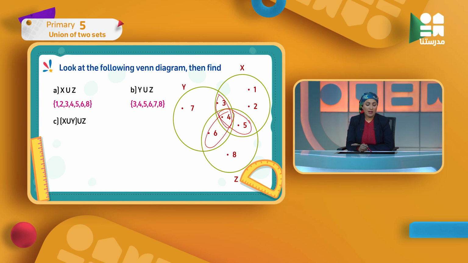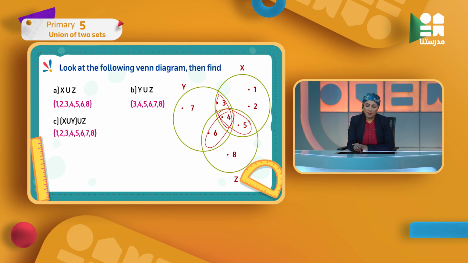Question C. First I get X union Y, then after I get the answer, I will get the answer union Z. X union Y we already said, sorry, it's 1 2 3 4 5 6 and 7, and it is union to Z in 8.